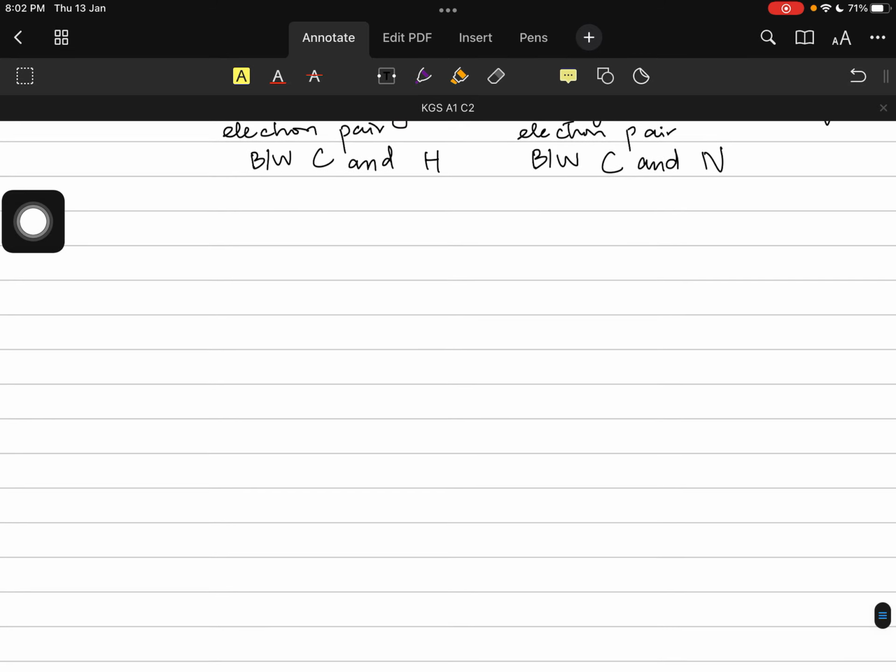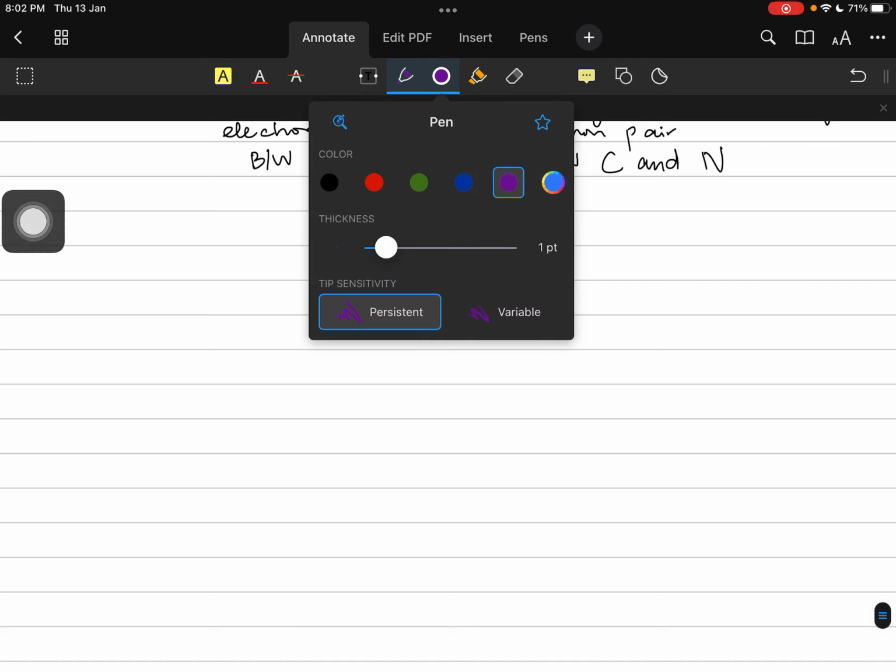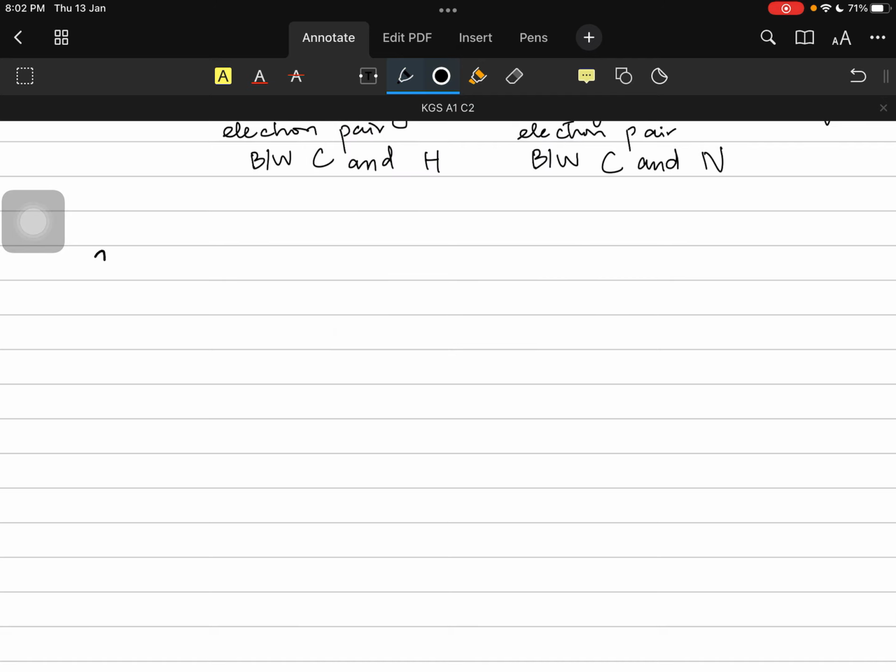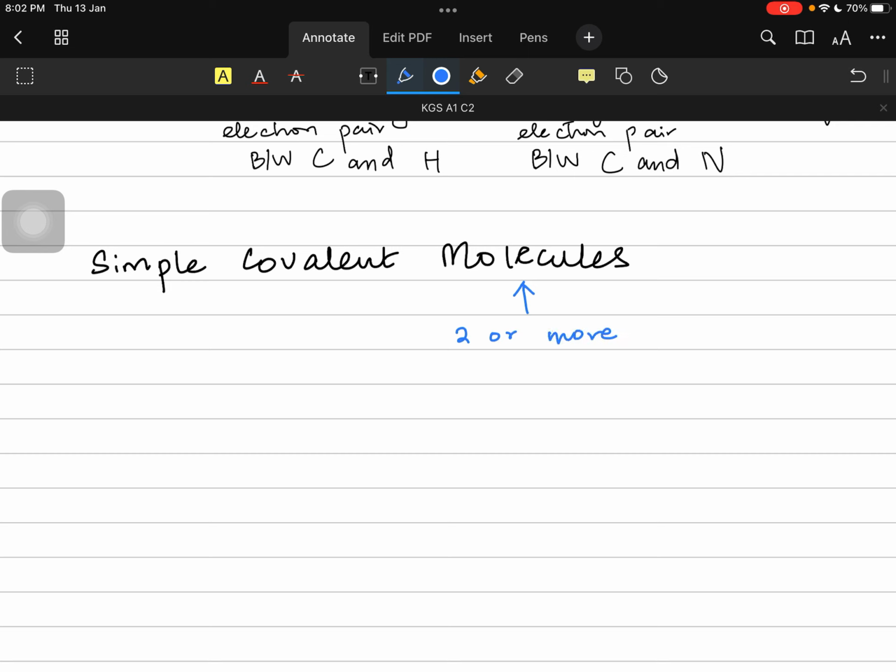So when we talk about simple covalent molecules, we are talking about their physical properties largely. We remember that a molecule is formed when two or more atoms, which can be the same atoms or different atoms, chemically combine together.